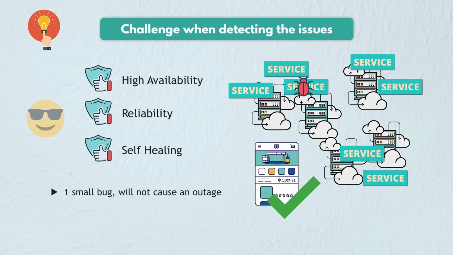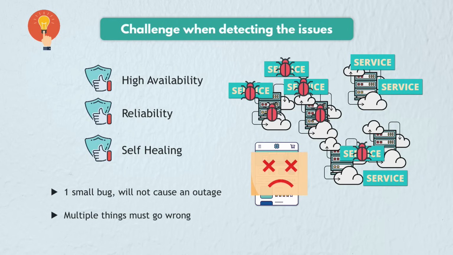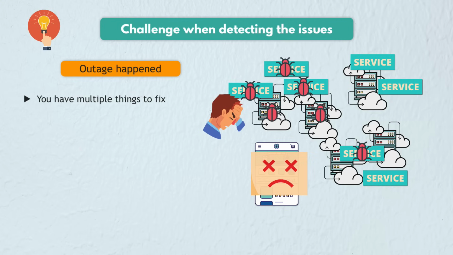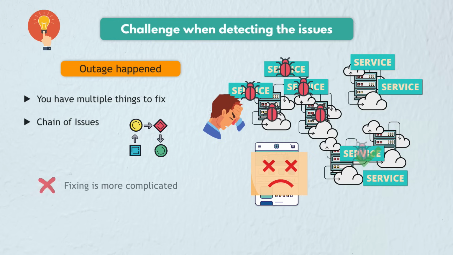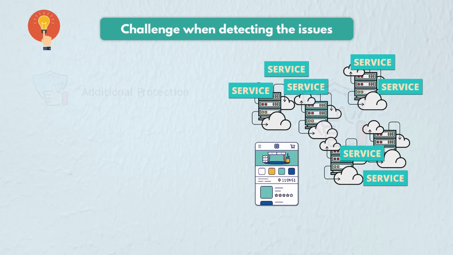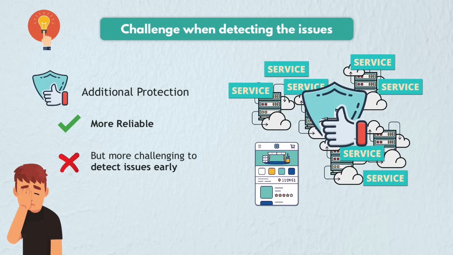And this means that multiple things must go wrong before the system becomes unreliable and before you actually have an outage. So when an outage does happen, you don't have one thing that you need to fix, but rather multiple issues or a chain of issues on multiple levels that you need to fix. So fixing that array of issues is more complicated and takes more time before the system has recovered and is back available for users. So these additional protection mechanisms do protect the system and make it more reliable, but they also make it more challenging to detect the issues early.